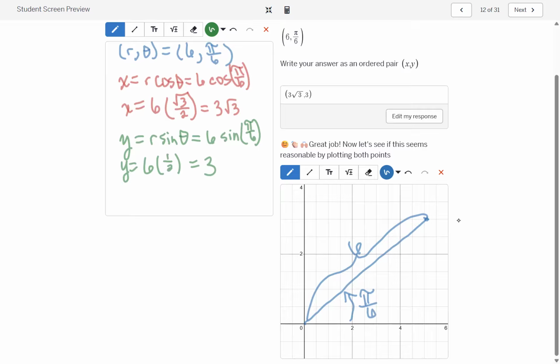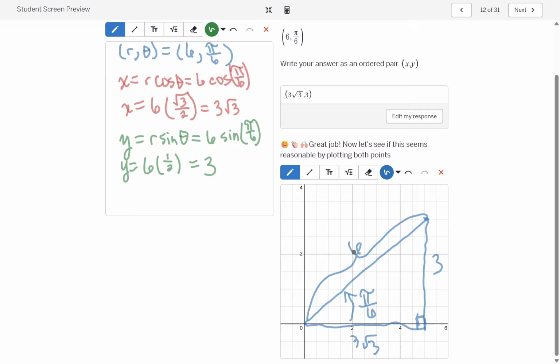But getting Desmos to produce a square grid is not as easy as you would think. Still, we can make sense that this distance here, the 3 square roots of 3, and this distance up, just 3 units, if we Pythagorean theoremed those two, we would get 6 as the result from the Pythagorean theorem for the hypotenuse.